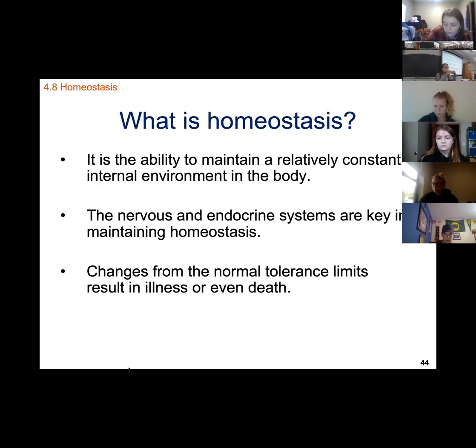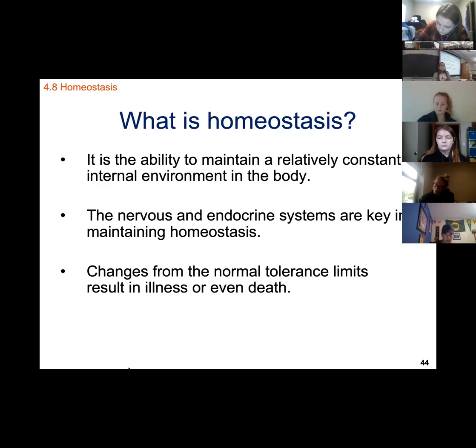Our main goal for our body is to be as efficient as possible to pump blood, intake oxygen and exhale carbon dioxide. That's what our body is constantly thinking of, right? To maintain that at the most efficient temperature and location as possible, our body has mechanisms in order to maintain that, okay? The nervous system and the endocrine system are key in maintaining homeostasis.